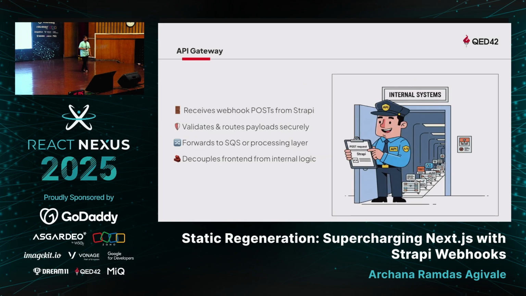In API gateway, we'll get the content, validate it, create a consistent payload, and forward that payload to our next step, which is SQS. So simply I can say the API gateway is scalable, and it separates our front end and build logic from the CMS.